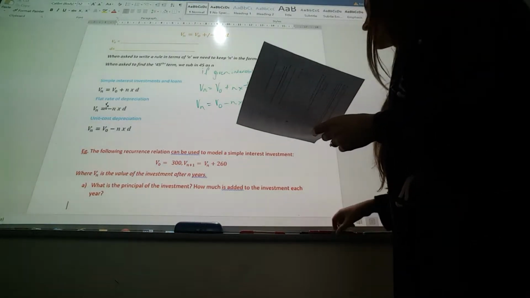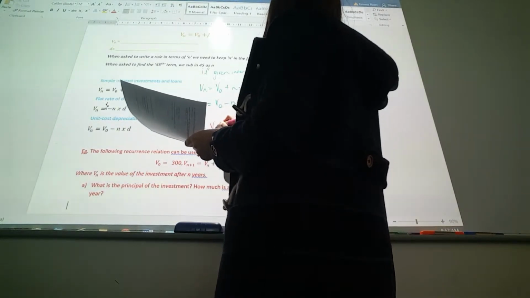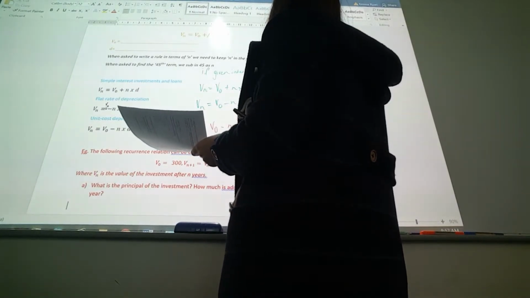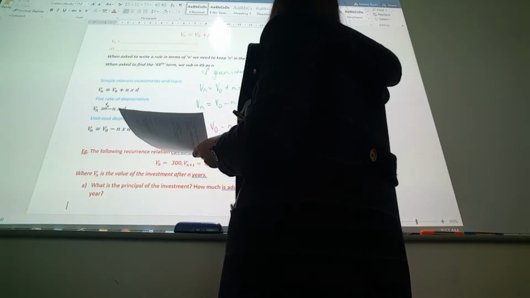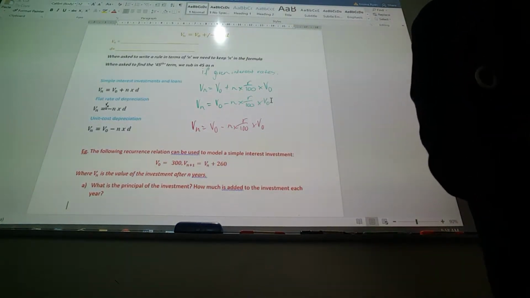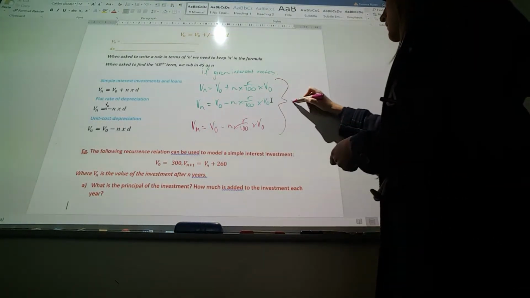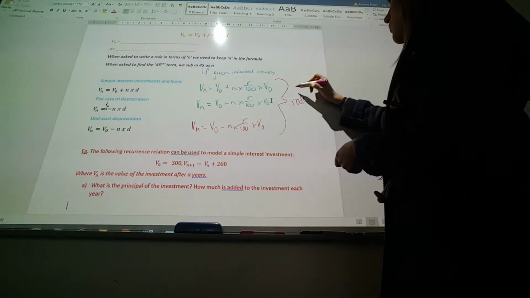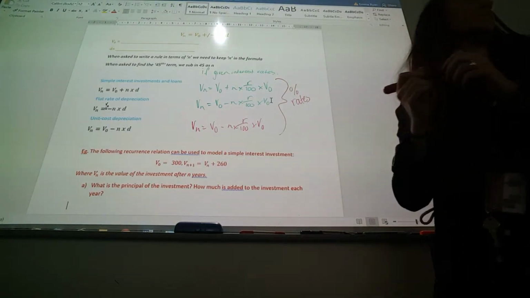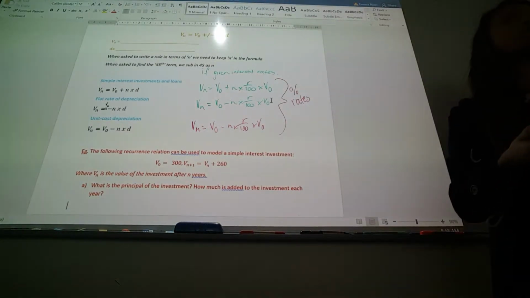Yes, it will be the same because it's still going down. So these ones have all got to do with rates, or percentage rates even. Whereas these ones are if we're just told what we're going up or down by.